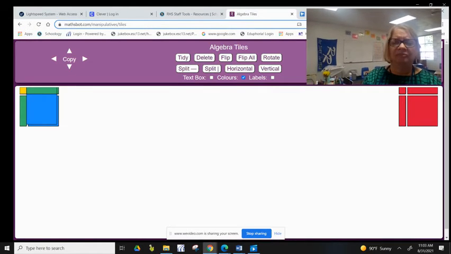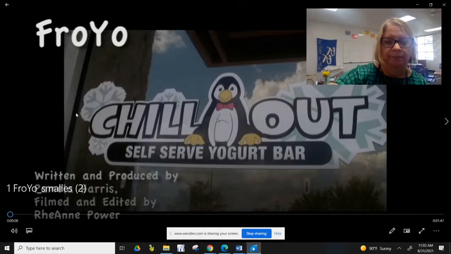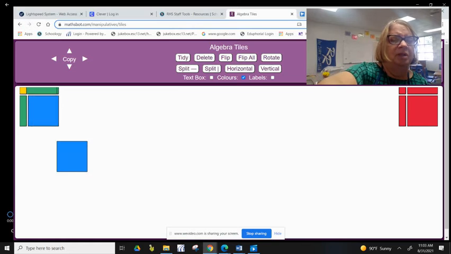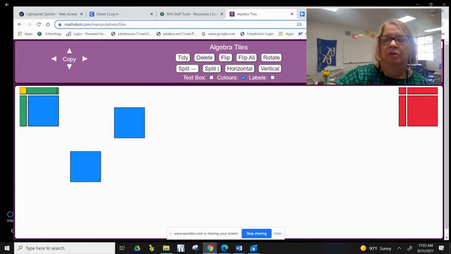And these are virtual, so I'll put a link in Schoology that you can go to and go to this website. These blue ones are x squared. The red one is a negative x squared.